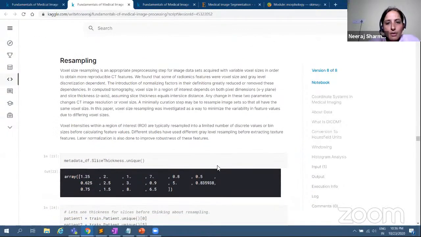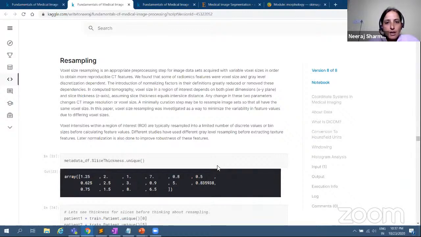So till now, we have seen the conversion to HU, and what the DICOM conversion to HU is. We have analyzed the histogram, that is, the range of densities of different tissues our image has. Then we covered the windowing part.